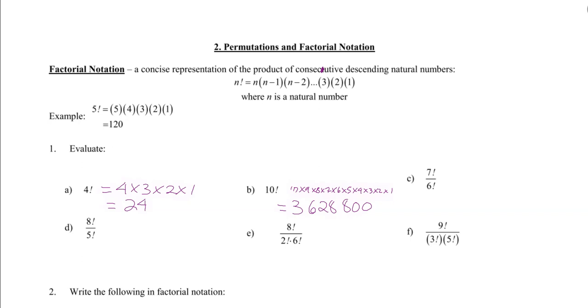Okay, 7 factorial over 6 factorial. So let's think about this. If we expand it, we'll get 7 times 6 times 5 times 4 times 3 times 2 times 1 on the top. And on the bottom, we're going to get 6 times 5 times 4 times 3 times 2 times 1.